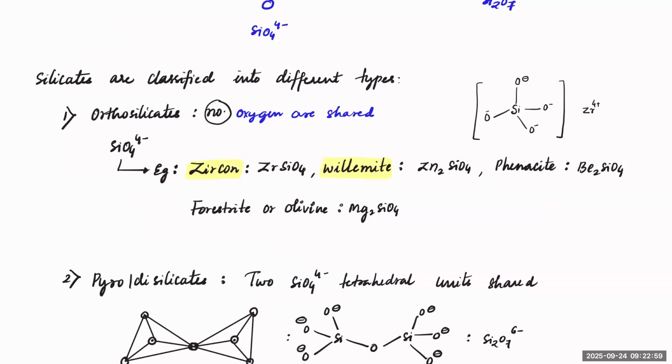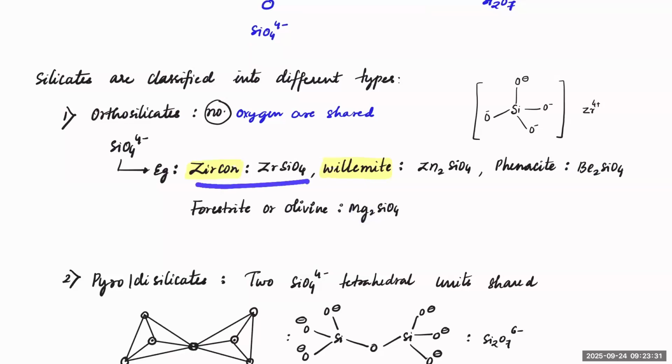Now they are classified into different types, starting with orthosilicates. Orthosilicates means there is no oxygen which is shared. So simply we have SiO4 4 minus. That 4 minus can be connected with something like zirconium, which can exist as Zr4 plus, or 2 moles of zinc, which will be 2 moles of Zn2 plus, 2 moles of beryllium, 2 moles of magnesium.